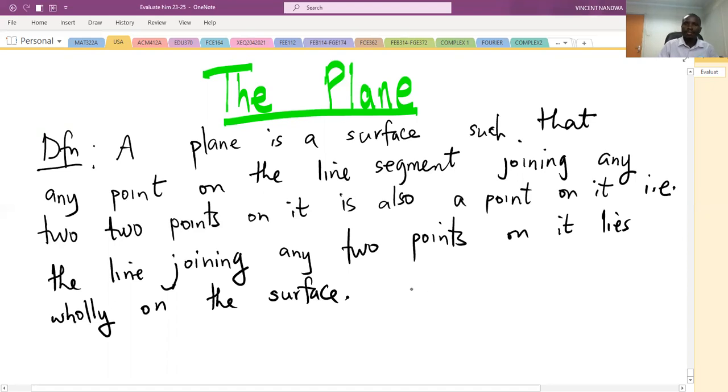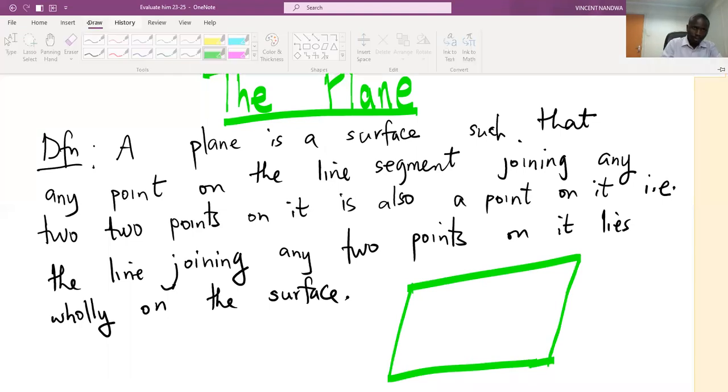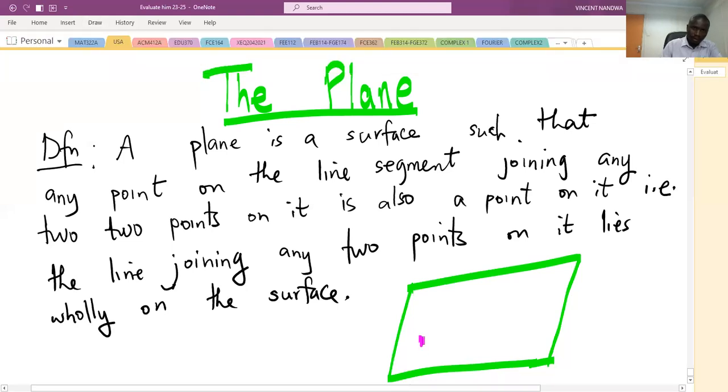So if just in the form of a sketch, this is the surface we're talking about. And if I have a point here, call it P1, another point here, call it P2, on the same surface.